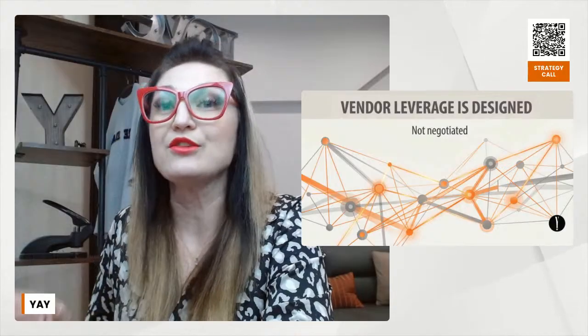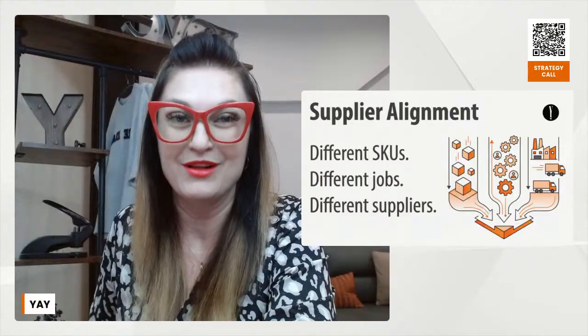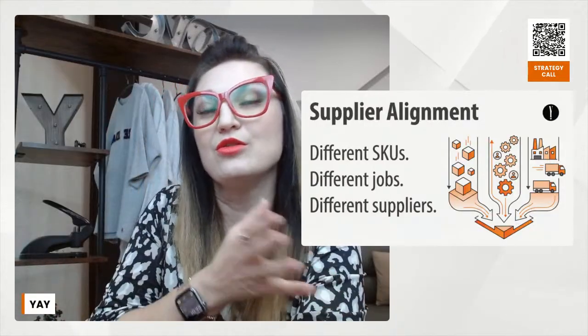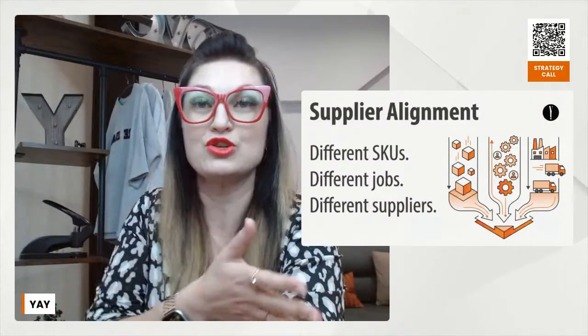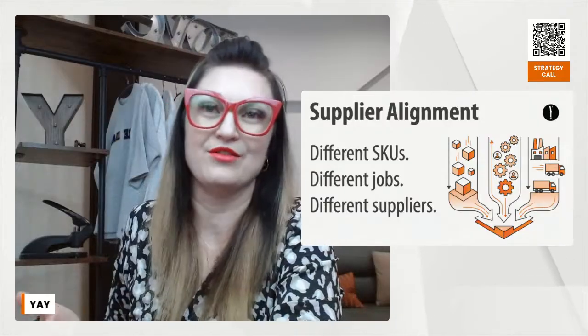If you expect every supplier to do a faster, cheaper, and more flexible job at the same time, you're really not managing your vendors. You're really just putting pressure on your suppliers, which one will always give.